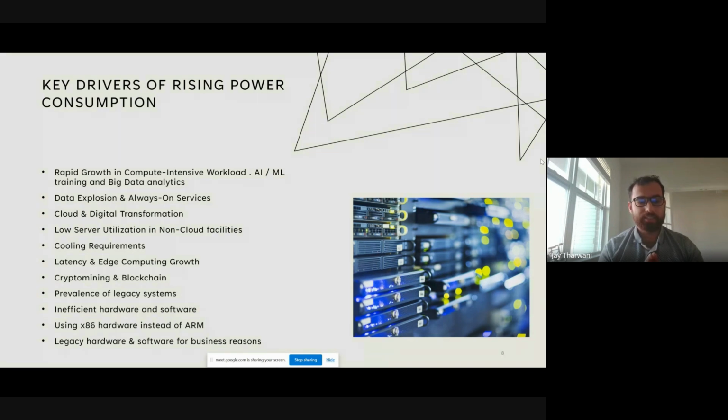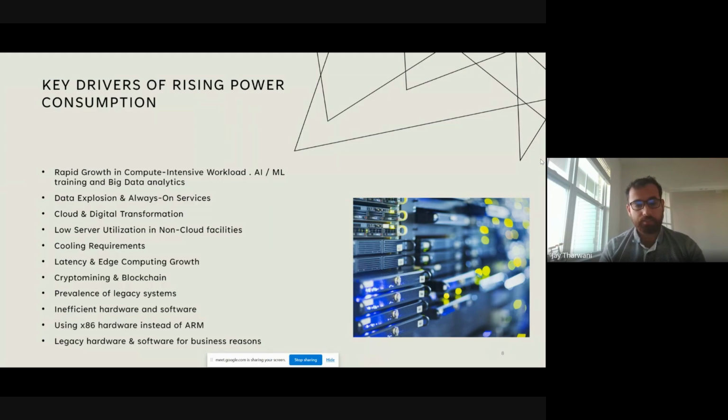But these legacy systems are very, very unoptimized, and they use a lot of energy, which dissipates a lot of heat and gives rise to energy challenges. Then you have inefficient hardware and software, right? You have older systems not optimized for energy efficiency, and you have older software running on them, right? So that's also one of the things.